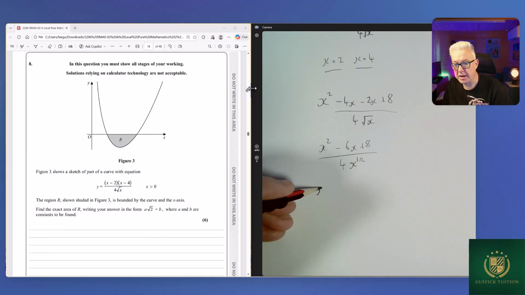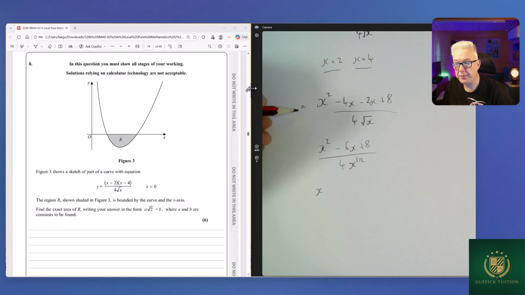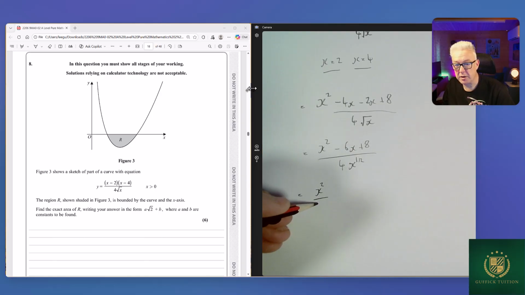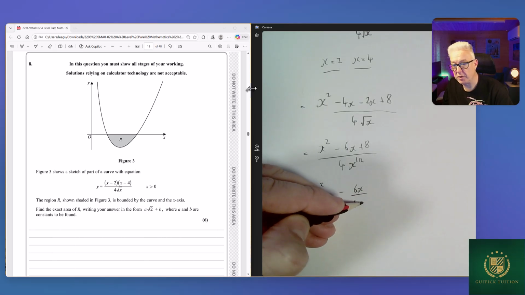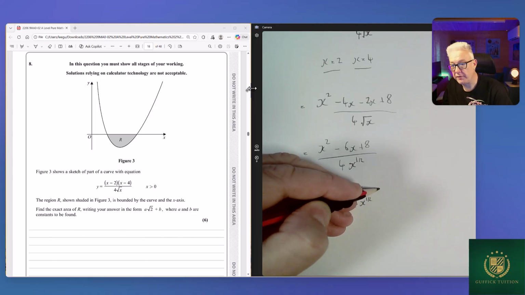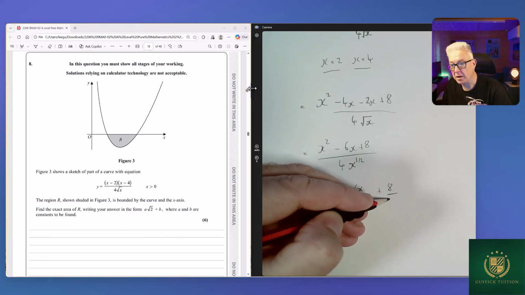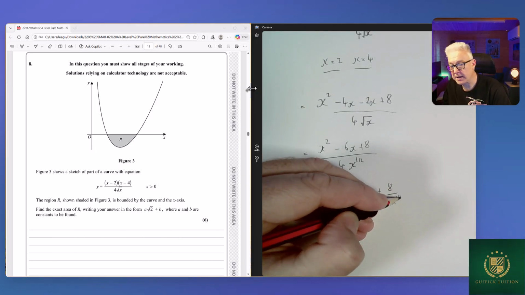I'll write each term separately: x squared over 4 x to the half, minus 6x over 4 x to the half, plus 8 over 4 x to the half.